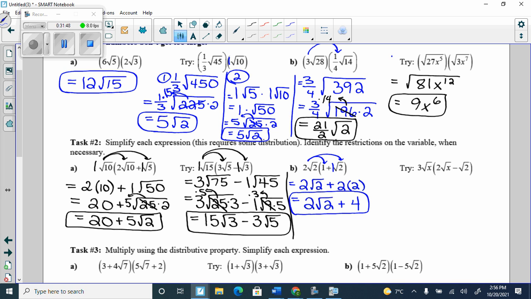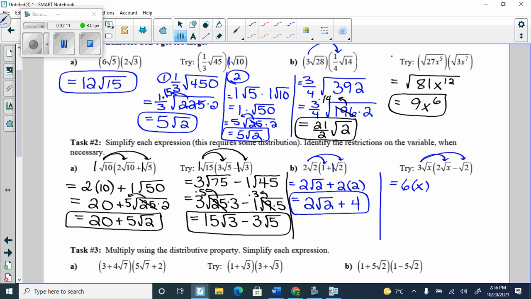Now the next one. We do 3 times 2 with an equal sign. Make sure you have equal signs running down your whole left-hand side because people will have no equal signs. You just have math floating on your page. So 3 times 2 is 6. Root x times root x is x.